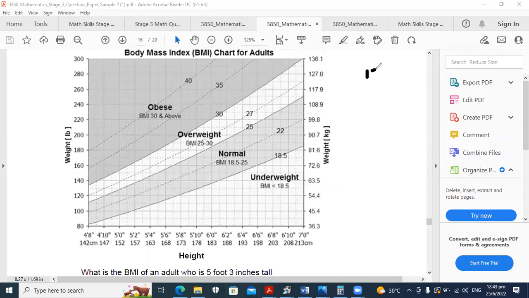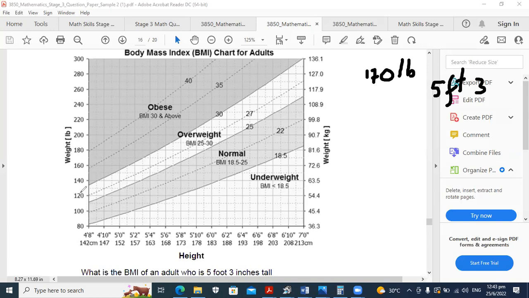So 170 pound and 5 feet 3 inches. So let's look for 170 pound. So we're gonna go over here.